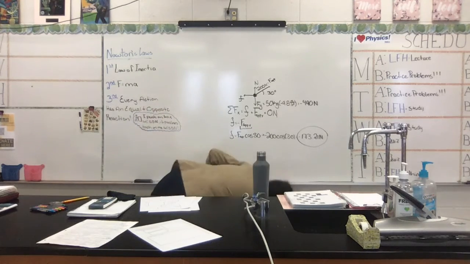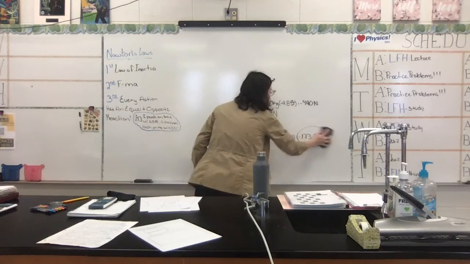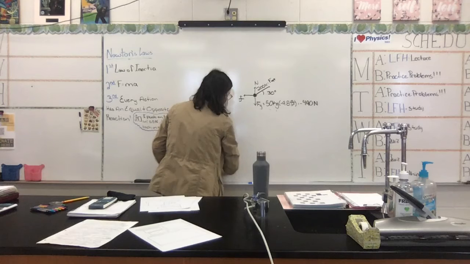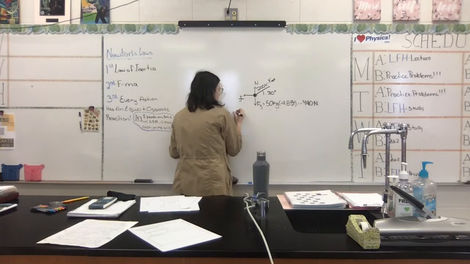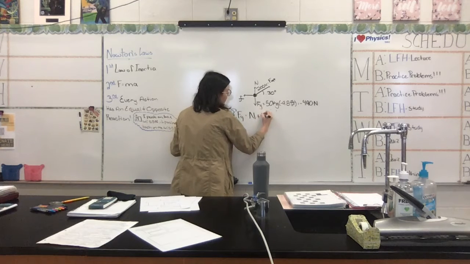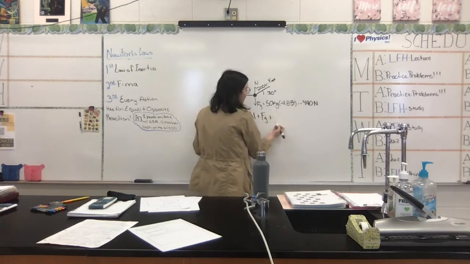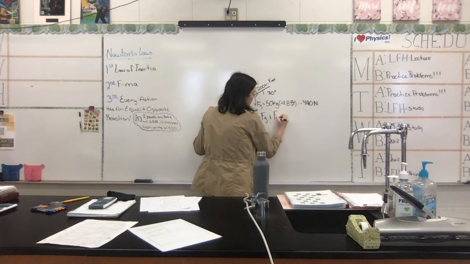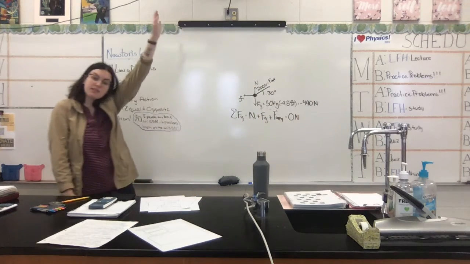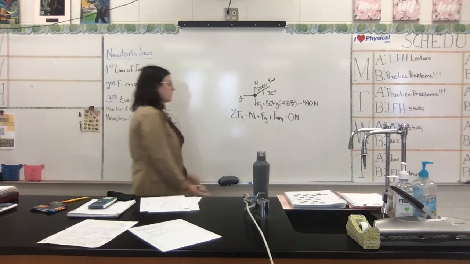Now, for the normal force, we're going to want to sum together everything in the y direction. So when we sum together all those forces, we're going to have the normal force plus the force of gravity plus the y component of this applied force. And it's all going to equal out to 0 newtons, because this box isn't flying up into the air or falling down into the ground.